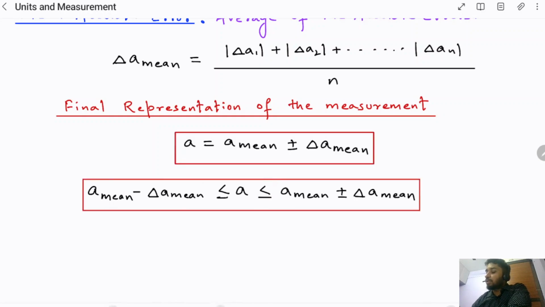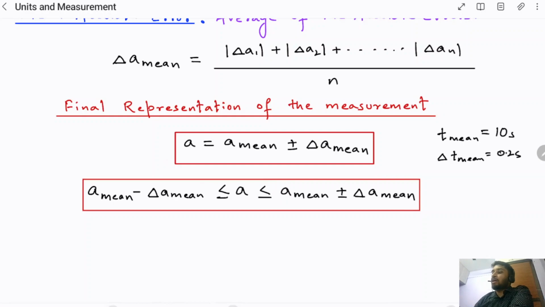for example, in the experiment that we were conducting, suppose the mean value of time came out as 10 seconds, and the mean absolute error came out as 0.2 seconds.